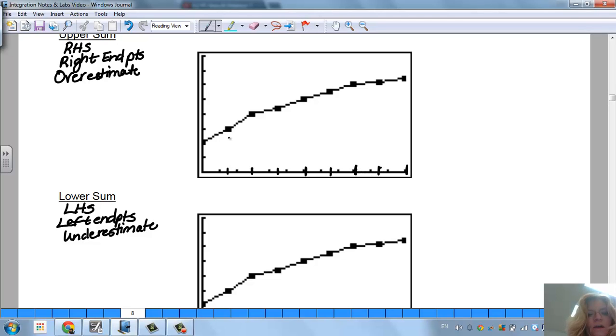All right, so now for our upper sum, we're going to use this right endpoint and come over and come down, come over and come down. I'm sure yours is going to be a lot nicer than mine. And when I'm done, I should have 8 rectangles.